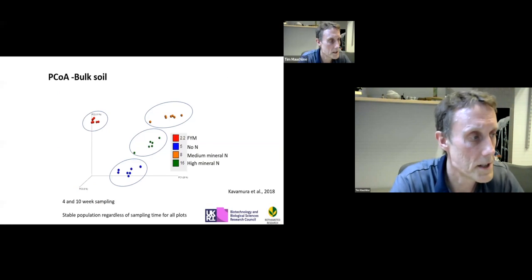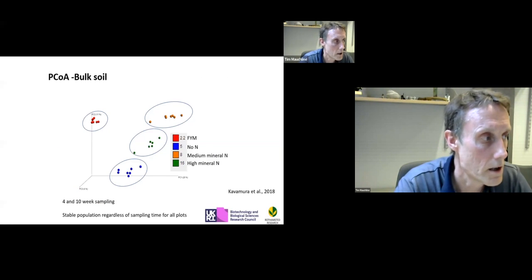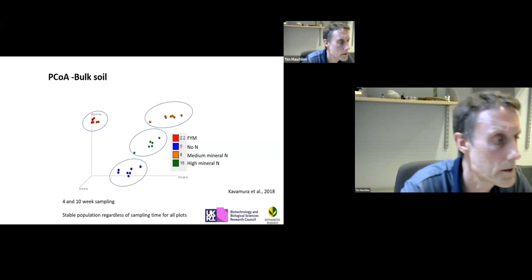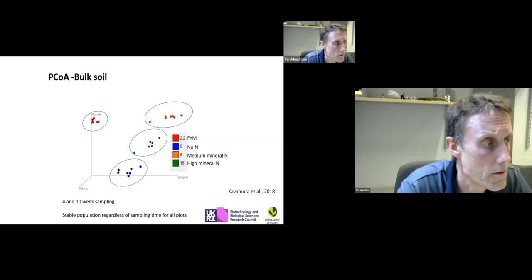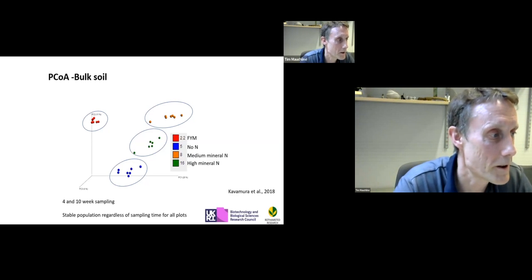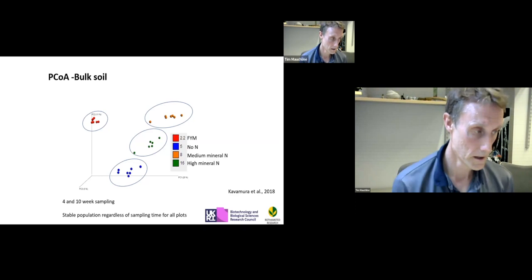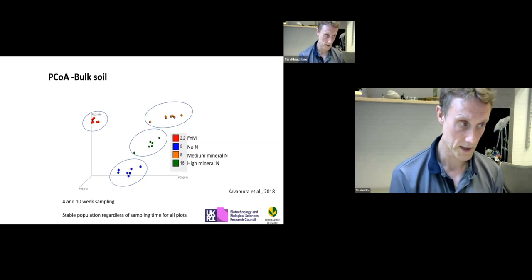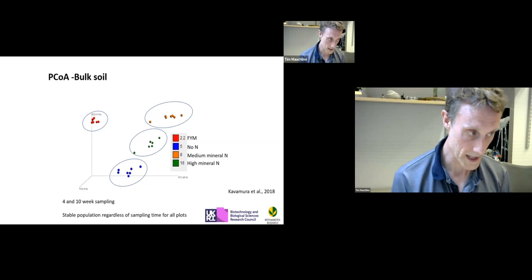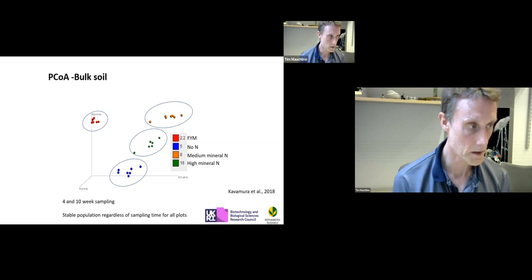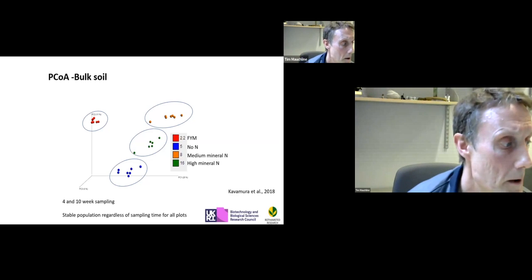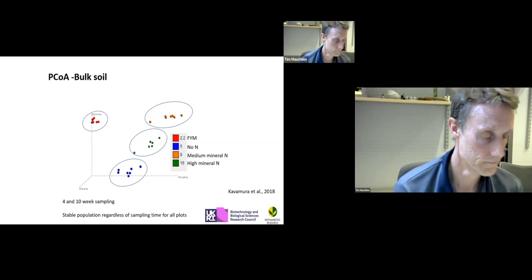All we simply did in this experiment was look at the bulk soil and the rhizosphere of these plots where the nitrogen treatments have been added. We sampled at both a 4-week time point and a 10-week time point, and the 10-week time point was at plant flowering time.